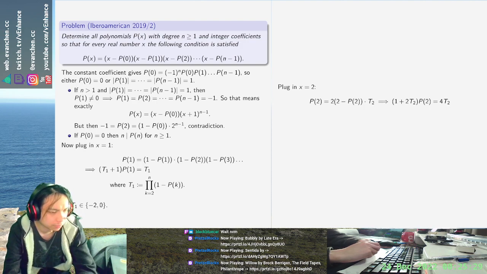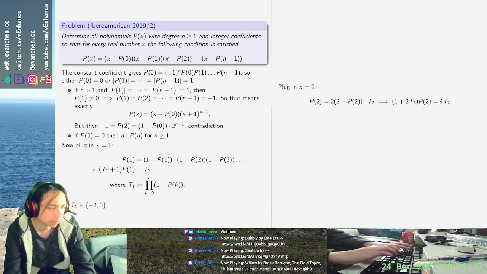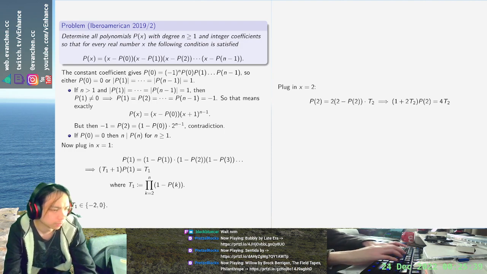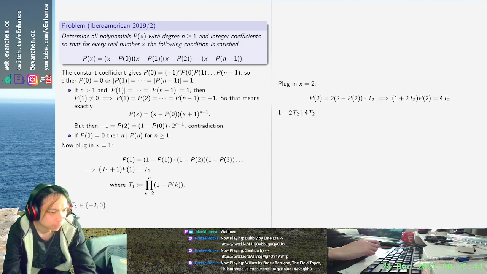So I don't have that stupid case that I keep having. No, actually, t sub 2 could be equal to 0. Oh, that's okay, that's fine. Is there any other value for which 1 plus 2 t2 divides 4 t2? 1 plus 2 t2 divides minus 2. I guess t sub 2 could be minus 1.